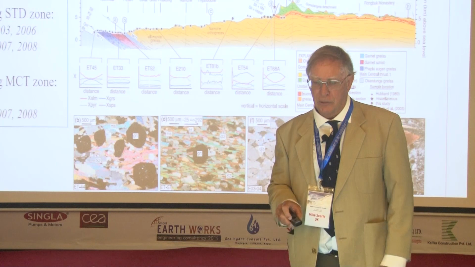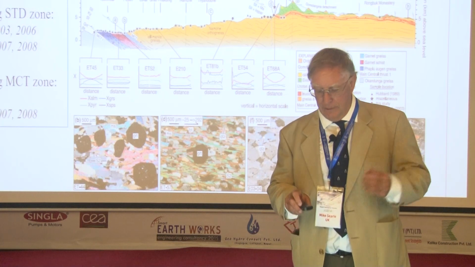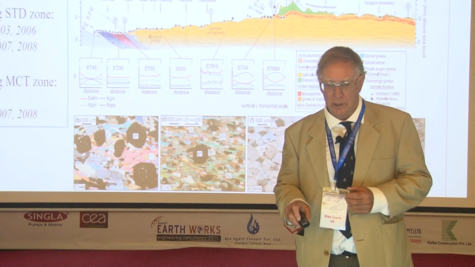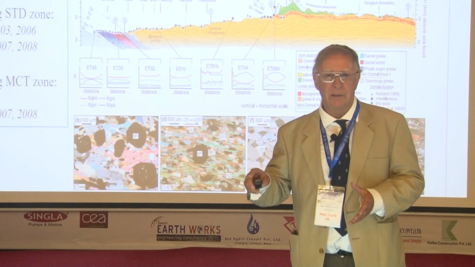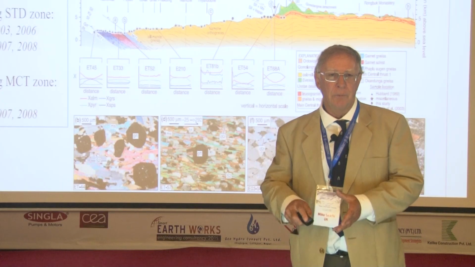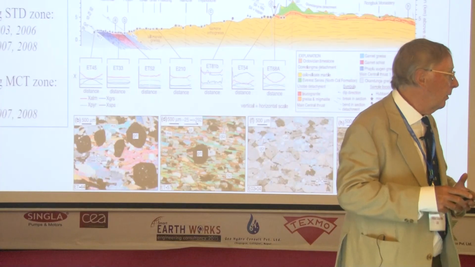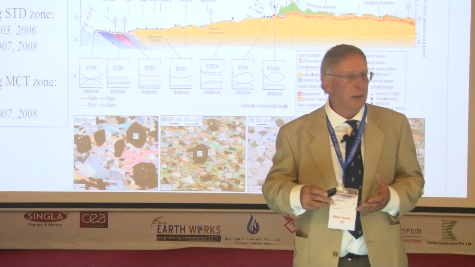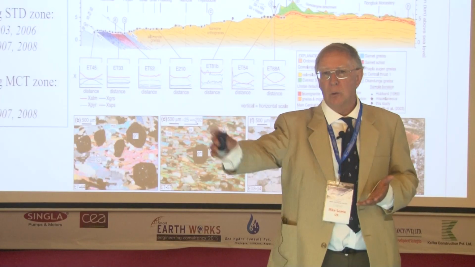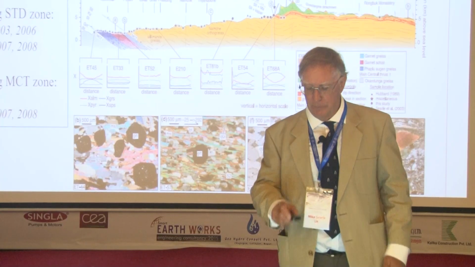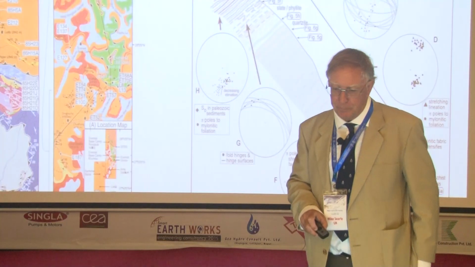It's far too detailed to go into here, but basically there is the thickest section of sillimanite gneiss anywhere in the Himalayas in the Everest profile. So when you get off the plane, you're already in sillimanite grade gneiss, and it goes all the way up through the migmatite zone up to the leucogranites.